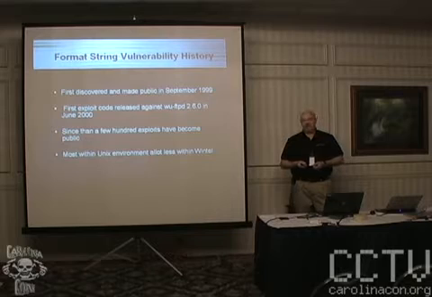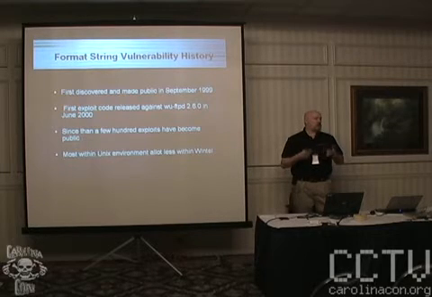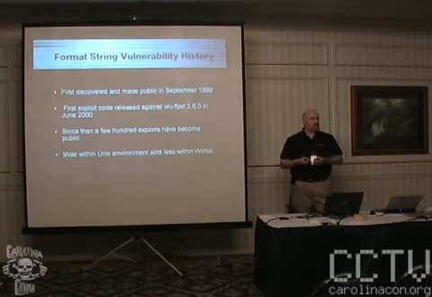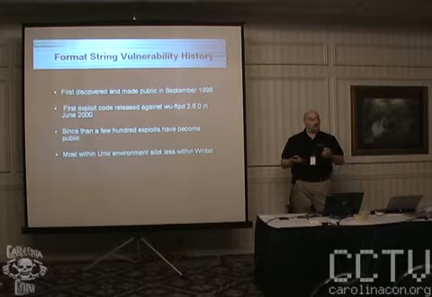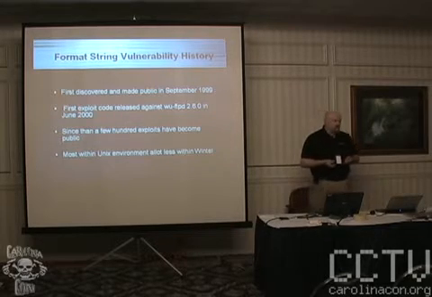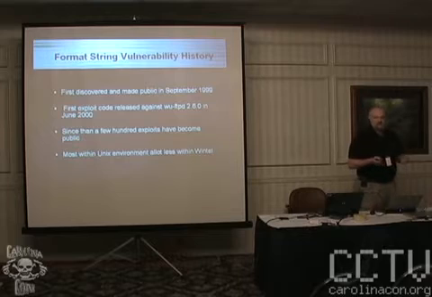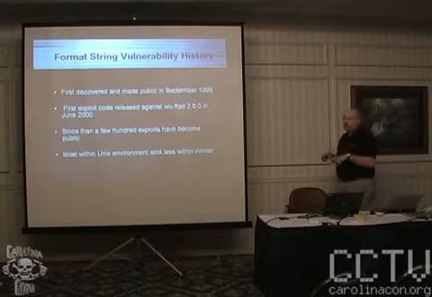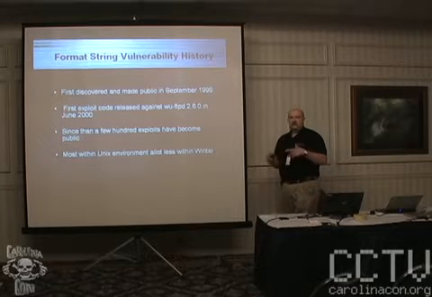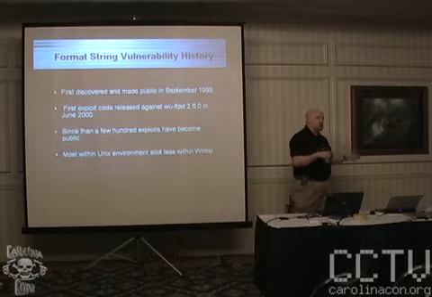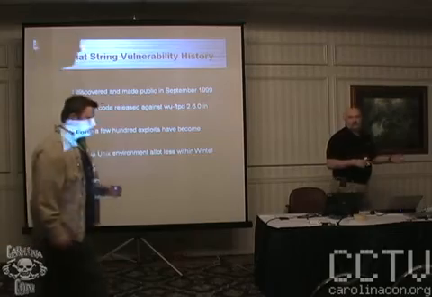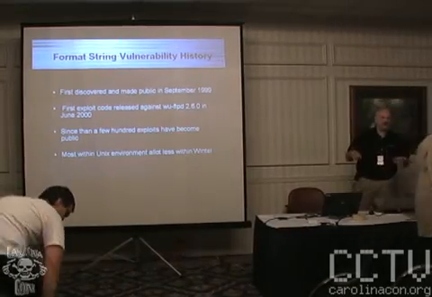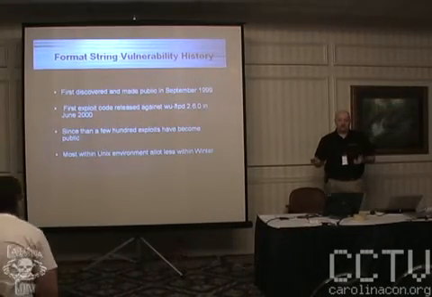They're fairly, I don't want to say scarce, but a lot more rare than buffer overflows and those types of attacks. Most of the format string vulnerabilities disclosed so far are within the Unix environment, and a lot fewer within the Wintel environment. Our presentation today will focus on Wintel, because there's been a lot of focus on Unix, so far fewer format string vulnerabilities have been reported in Wintel.